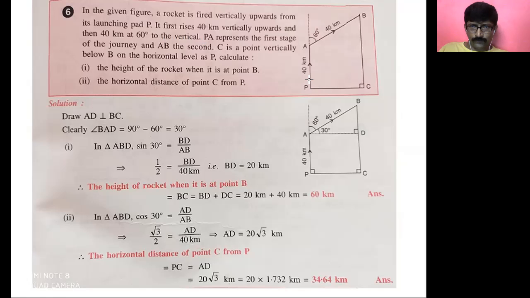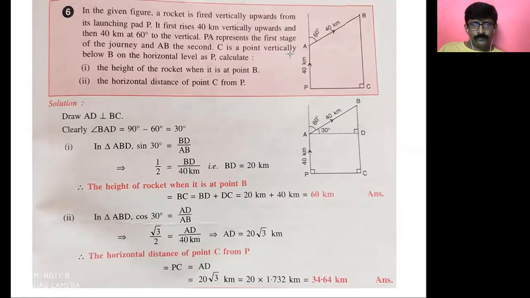So it went first of all 40 kilometer like this till this point A, and then from there it made 60 degree, and then it moved 40 kilometers to the vertical. PA represents the first stage of the journey, and AB is the second stage. So first stage was this PA, and AB was the second stage.